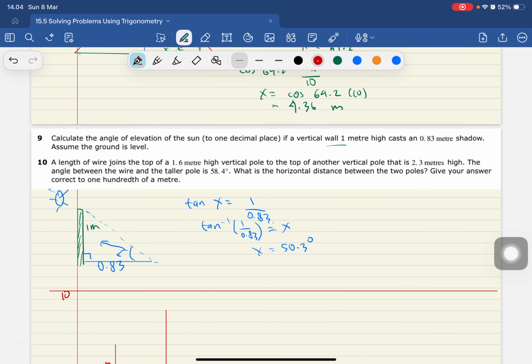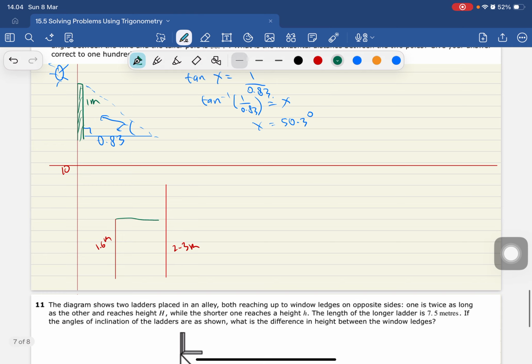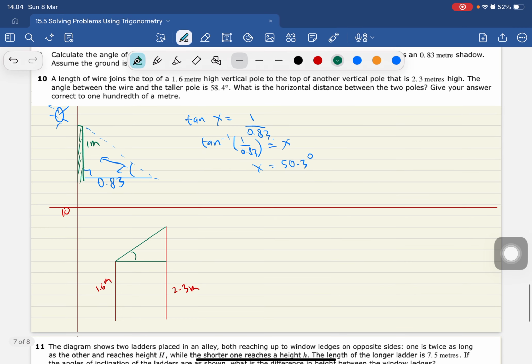The angle between the wire and the taller pole is 58.4 degrees. So let's mark it here: this angle is 58.4 degrees.